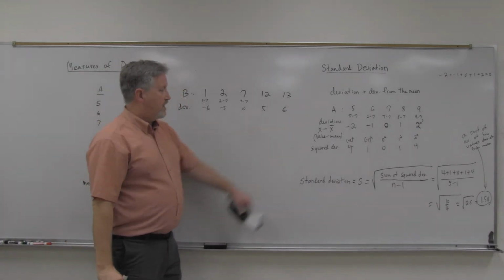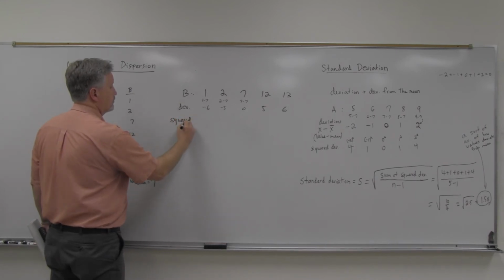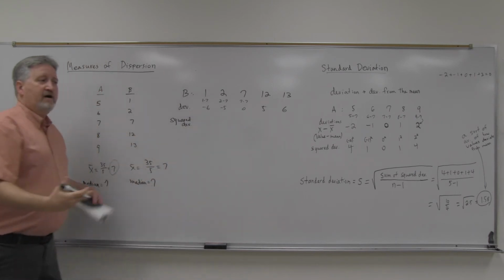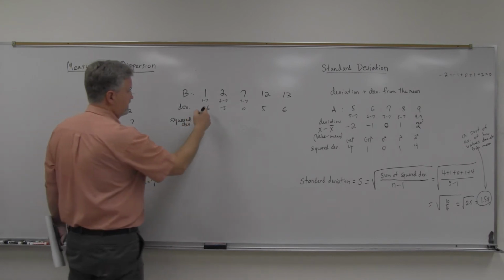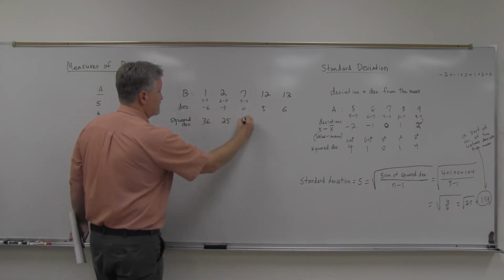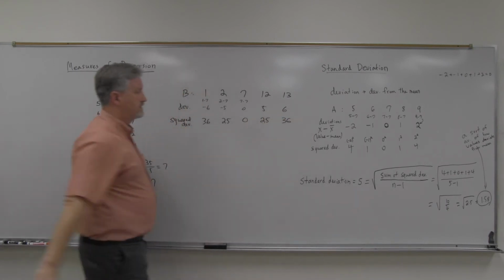Step 2 then is to square the deviations. Squaring each one of these, you're squaring positives and negatives, but you're going to get positives in all cases here. -6 squared is 36, -5 squared is 25, 0 squared is 0, 5 squared is 25, and 6 squared is 36.